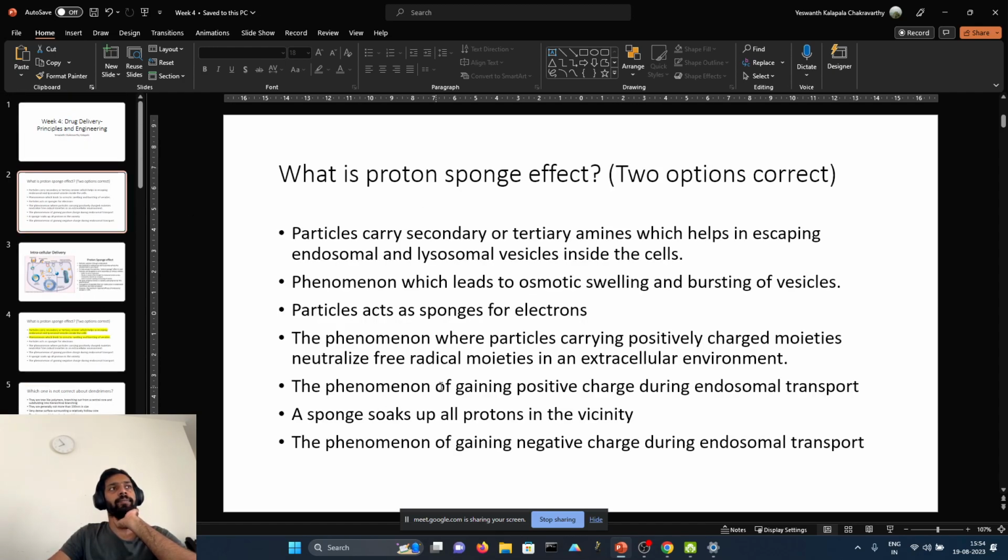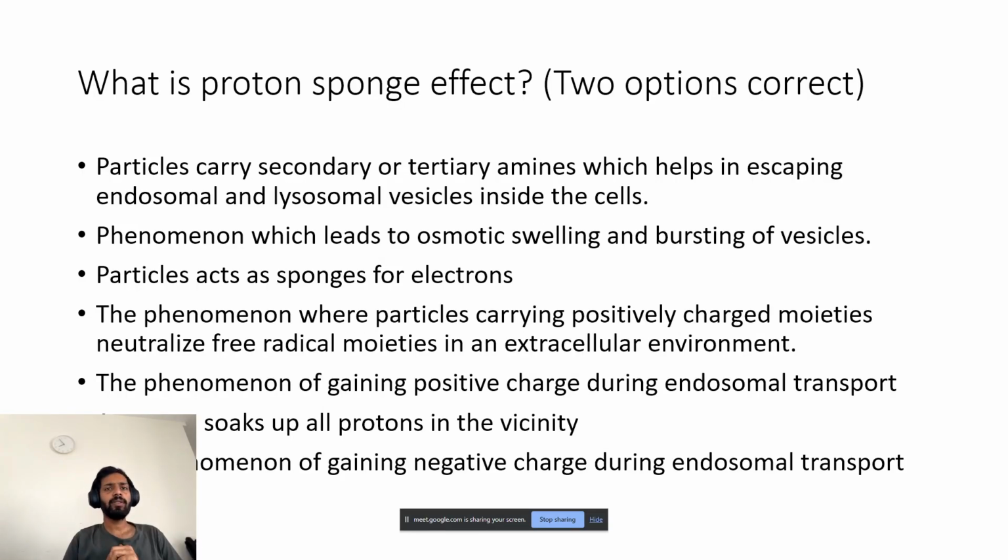So this question, yeah, okay. So basically what they're asking is what proton sponge effect is. Is it particles carrying secondary or tertiary amines, which help in escaping endosomal and lysosomal vesicles inside the cell, or is it the phenomenon which leads to osmotic swelling and bursting of the vesicles, or it's the particles that act as sponges for electrons, or the phenomenon where particles carrying positively charged moieties neutralize free radical moieties in an extracellular environment?